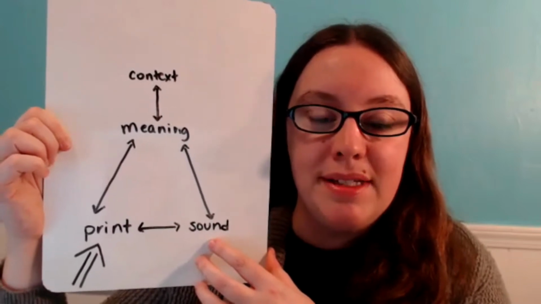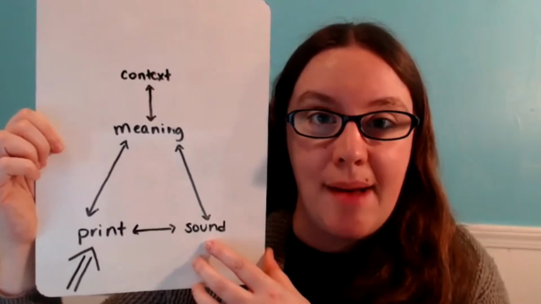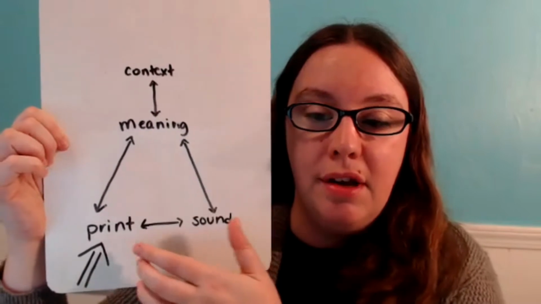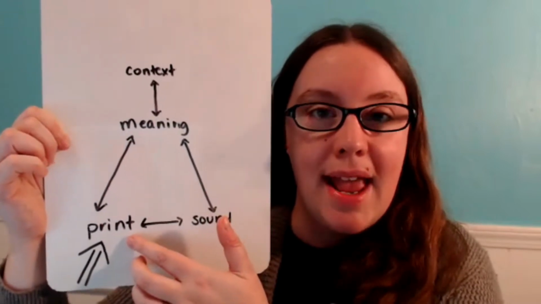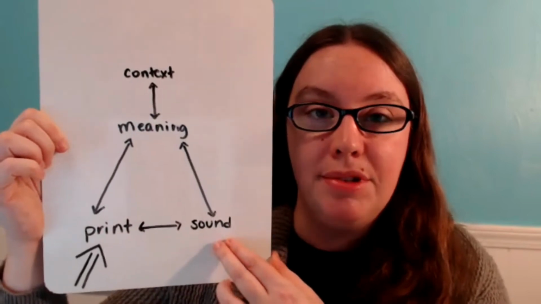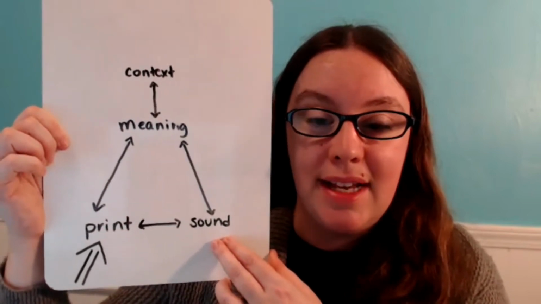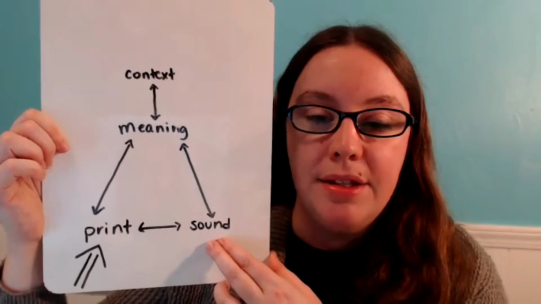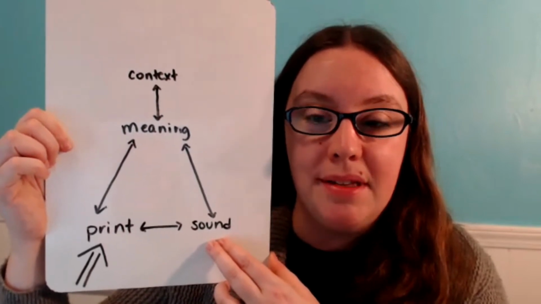And so this is where the process of phonics happens. Hopefully your child knows the letter sounds and even the sounds of the parts of the words or the words, and is able to translate those letters that they see into sounds. So that's the next step that happens in the brain.